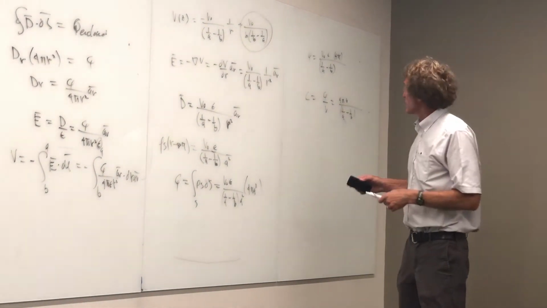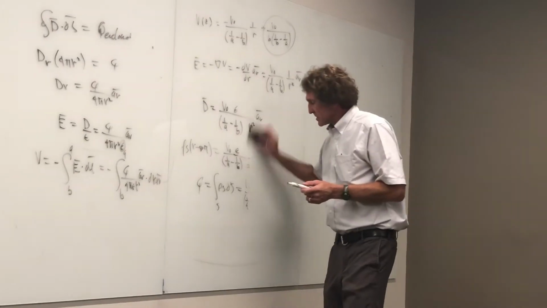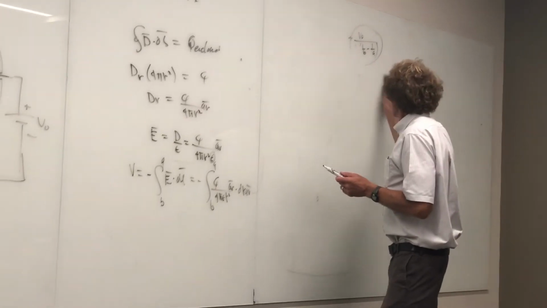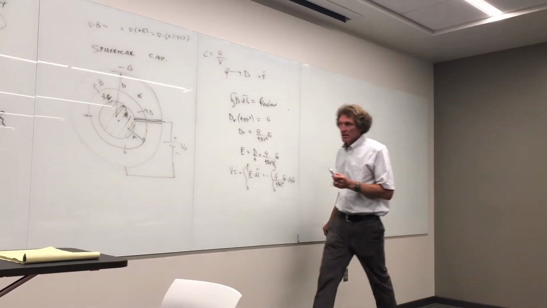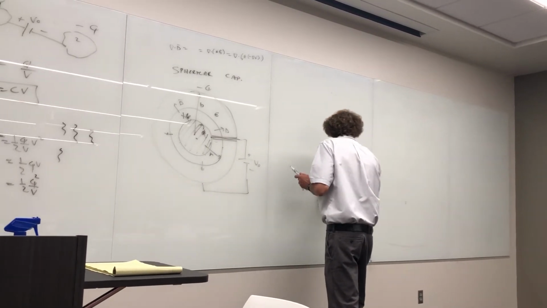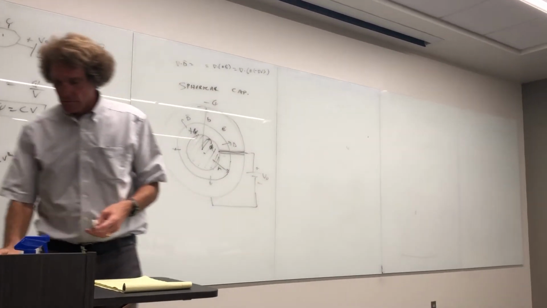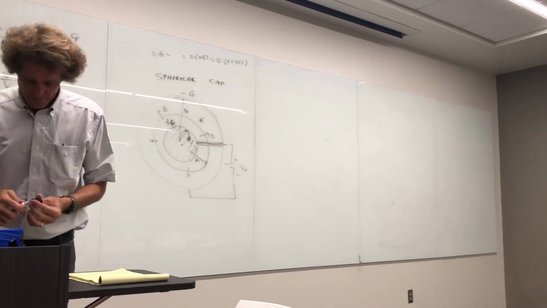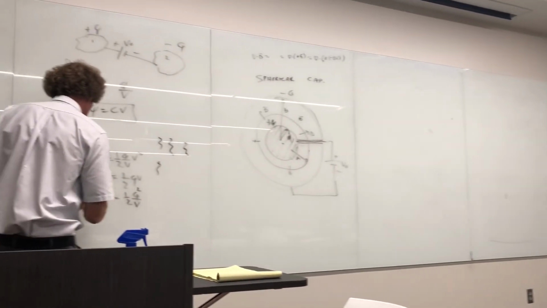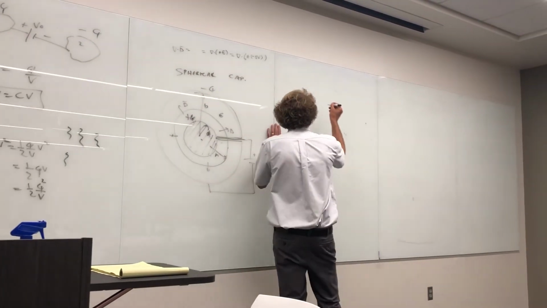Now, I'm going to do one of these. This is as good a time as ever, where I'm going to make epsilon a function of position, and you'll see the difference. Matter of fact, I'll let you figure it out. I want you to try this problem.